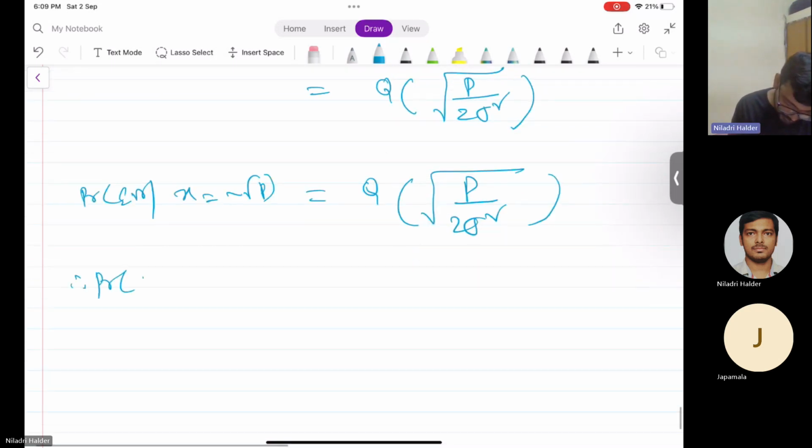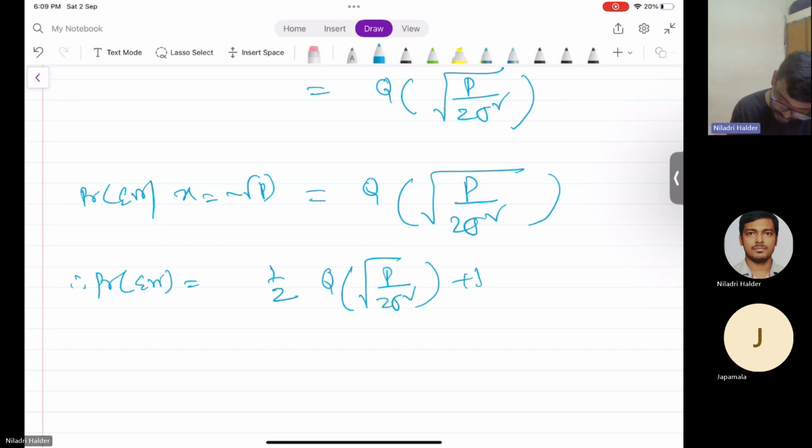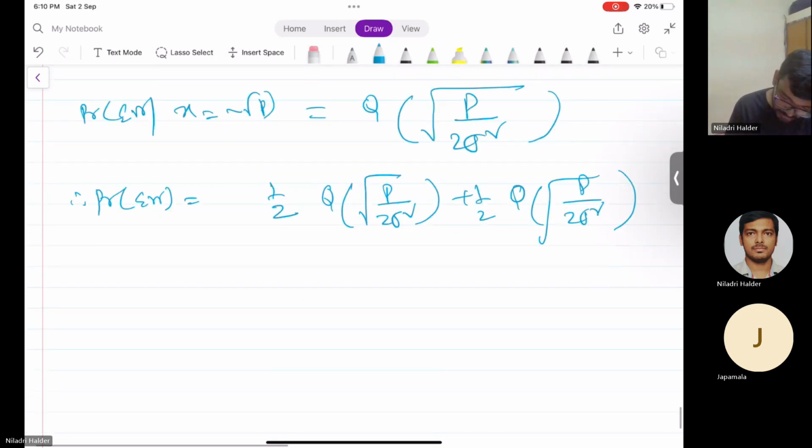So probability of error equals half into this Q of, plus half into the same thing, is equal to Q of root over P by 2 sigma square.